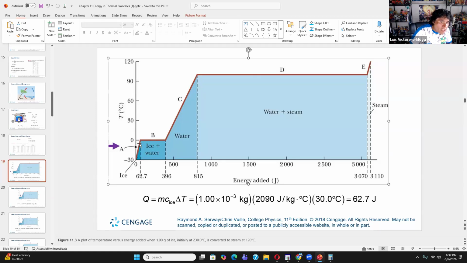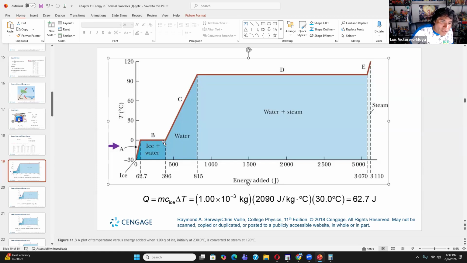So the change in temperature is 30. 0 minus negative 30, 30. So that's here. The mass of ice is this, and this is the specific heat of ice, by the way. So there you have it. So you can visualize that by this line going up.